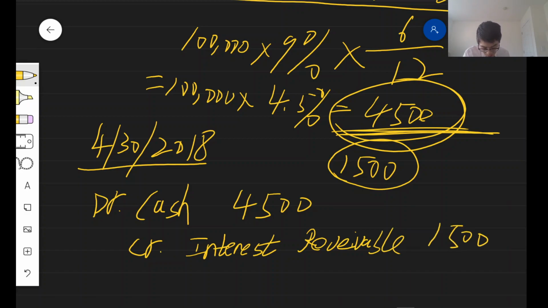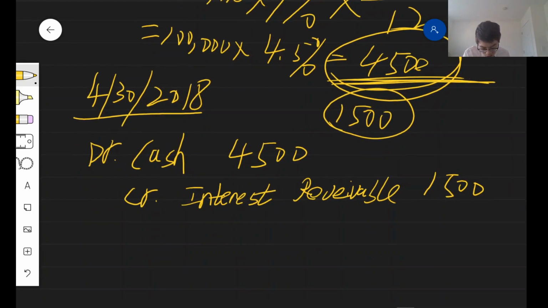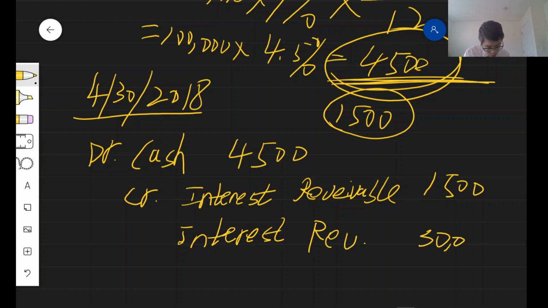Then we're going to credit interest revenue for another $3,000. And the balance is equal, debit equals credit. Where does this interest revenue of $3,000 come from?